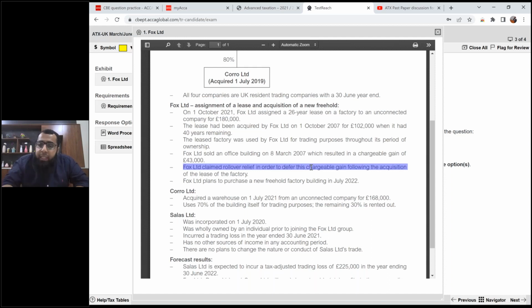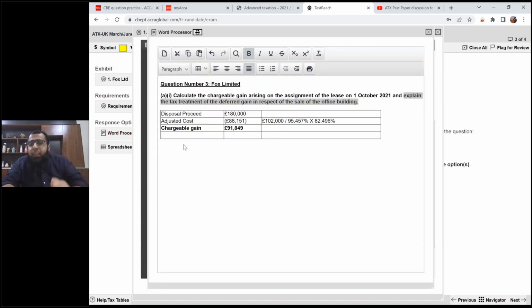The gain rolled over against the acquisition of the lease must have been deferred through holdover relief. Why holdover relief? Because this leased factory was a depreciating asset. Its life was less than 50 years. This was the place where some students may have lost some of the marks.